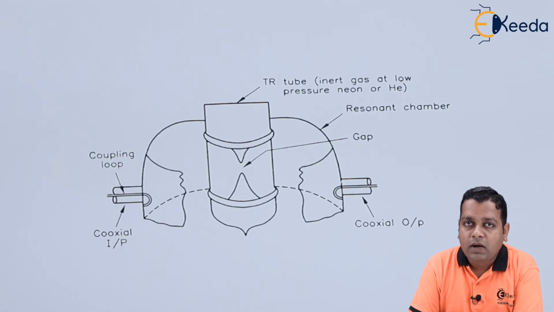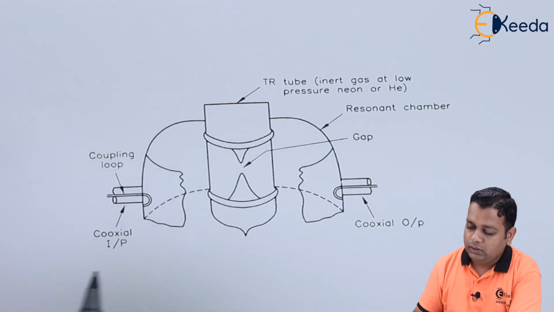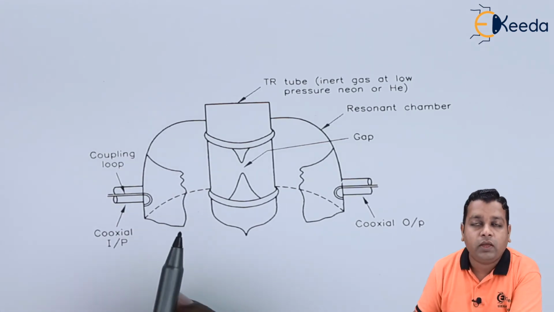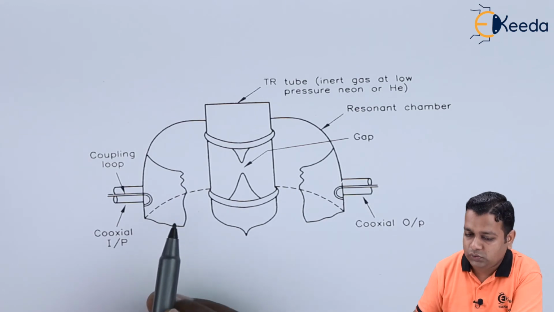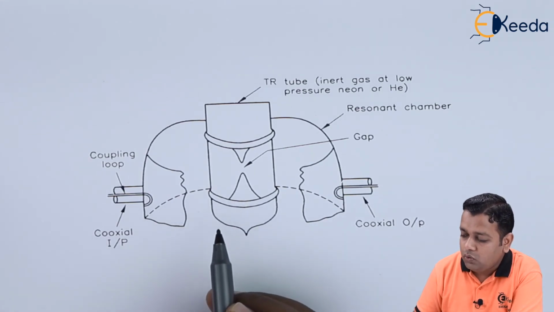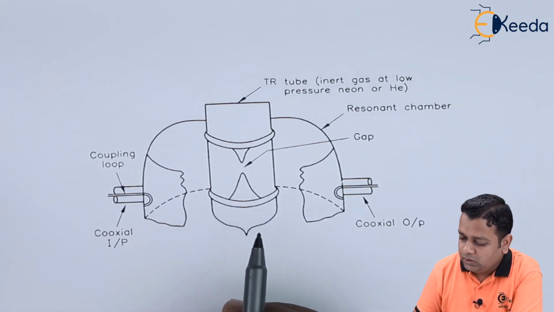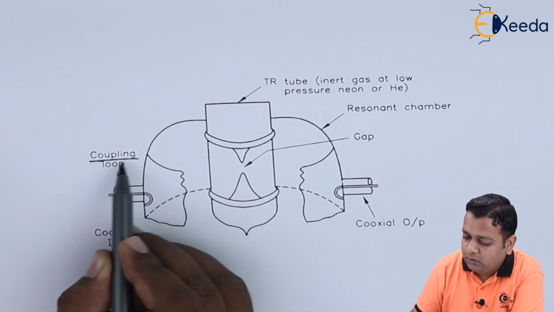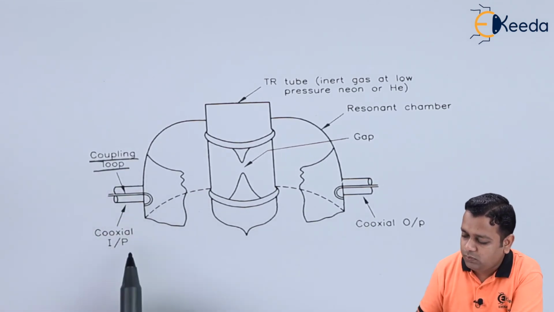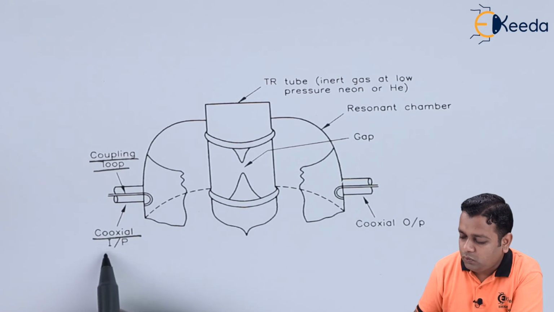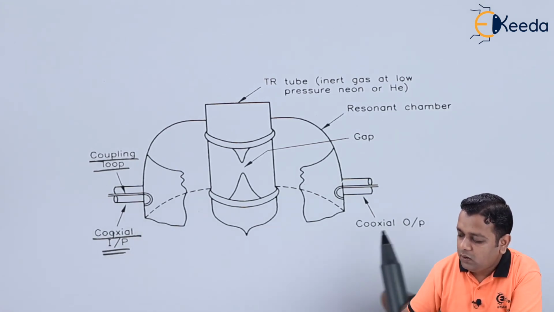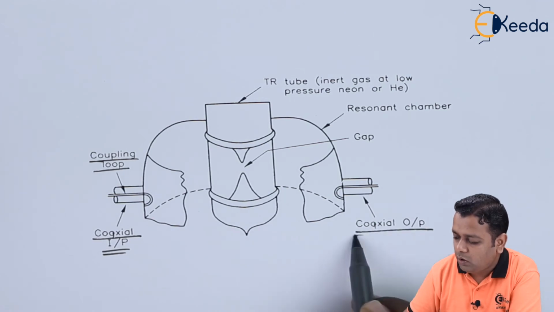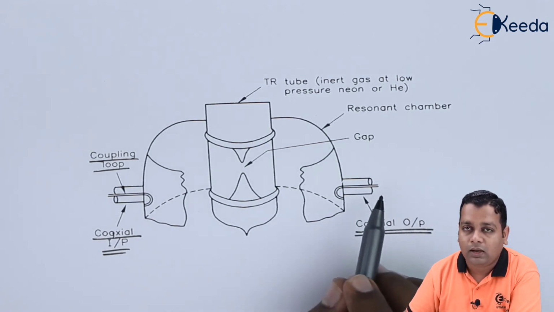So this is the schematic diagram of a typical TR tube, the transmit receive switch. In this schematic diagram, a resonant cavity is associated with a special cold cathode tube. Here we can notice the coupling loop for the connections to be made. With the help of coaxial input, we can provide input from this end, whereas the coaxial output can be taken out from the latter end.